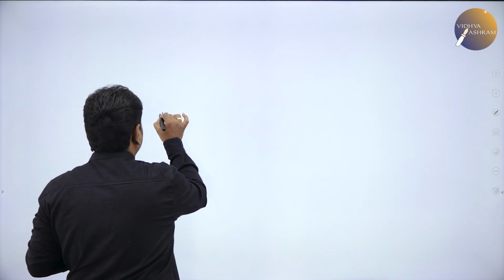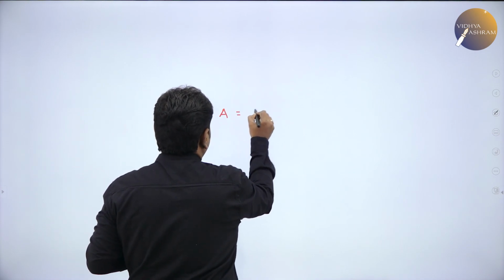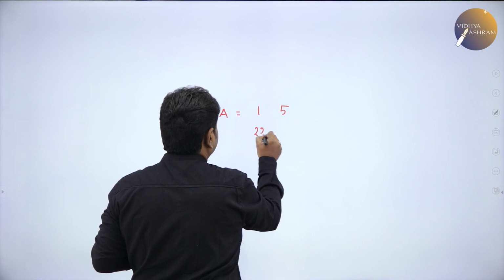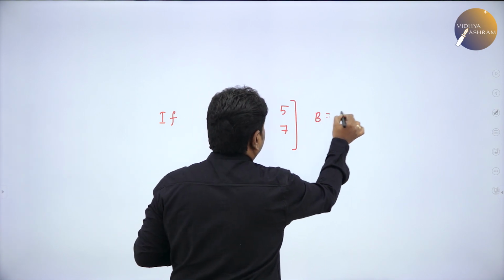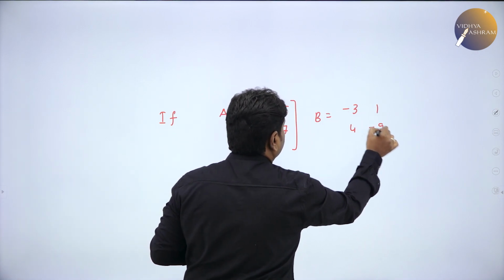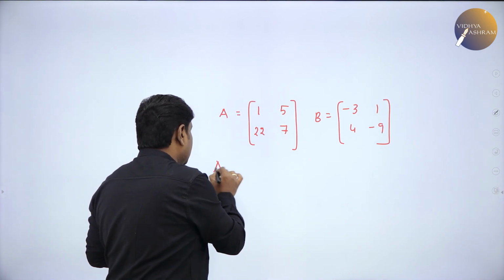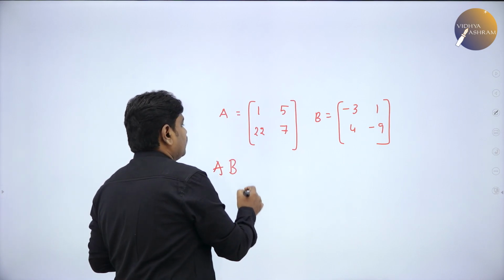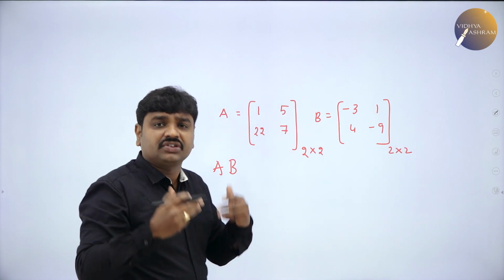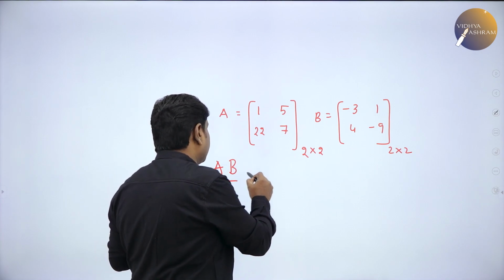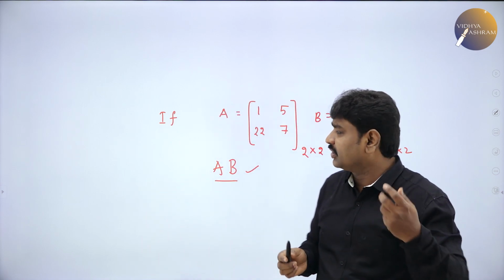Suppose I'm not asking you to multiply, I'm asking you to check whether we can multiply. If A is [1, 5; 2, 7], B is [-3, 1; 4, -9]. See, I have written A and B. Is it possible to multiply? If asked whether AB is possible, yes, because this is 2 cross 2, this is also 2 cross 2, both have the same order, so no headache. Yes, we can multiply. AB is possible. Why is AB possible? Because both have the same order. When both have the same order, there is no need to worry.